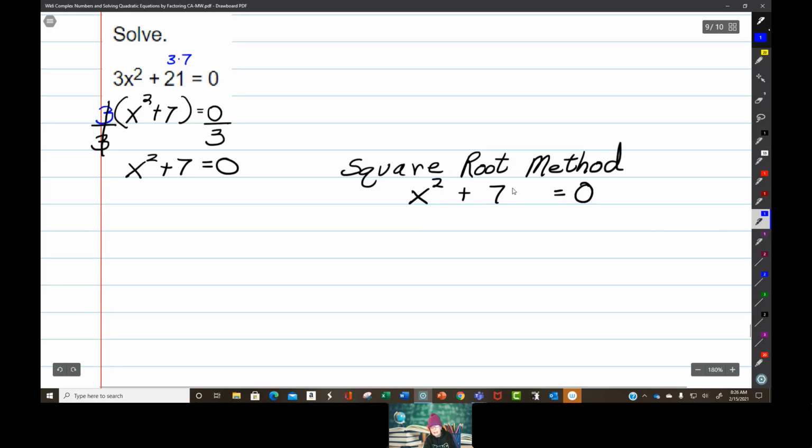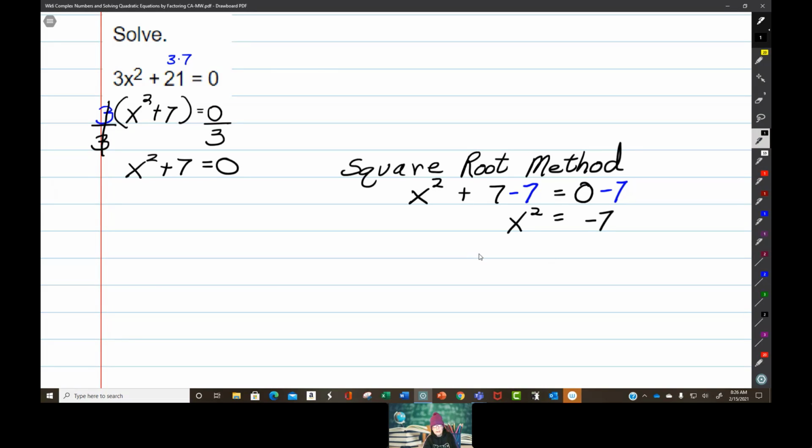I'm going to subtract 7 from both sides of the equation. That will give me x squared equals negative 7.